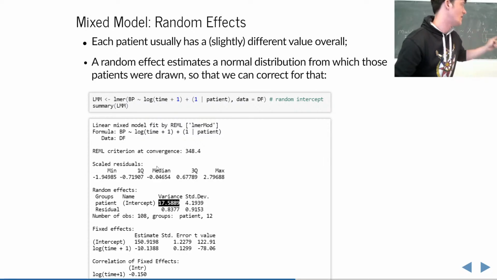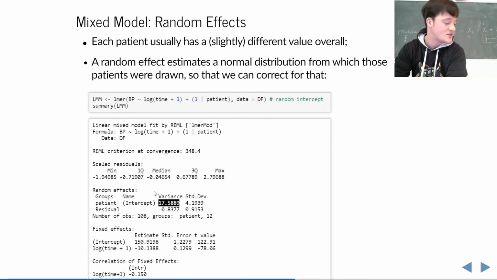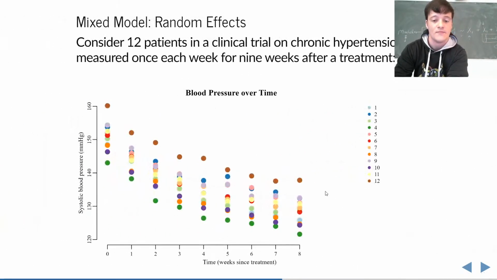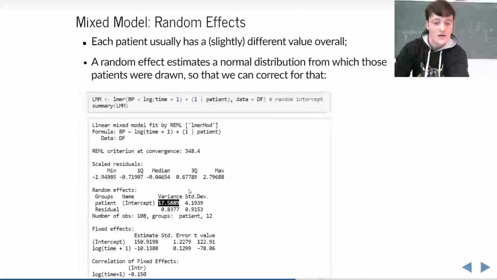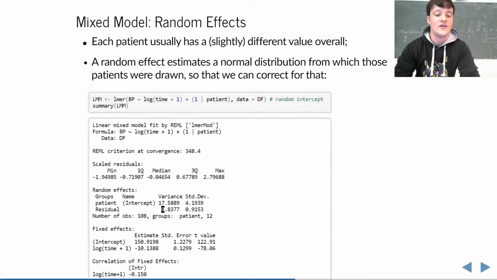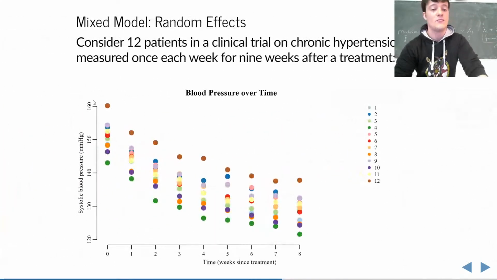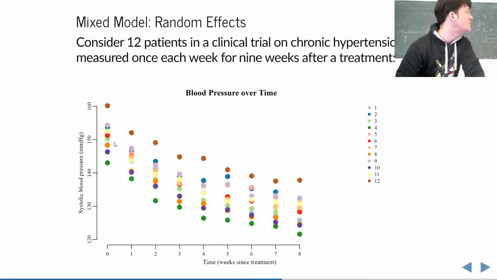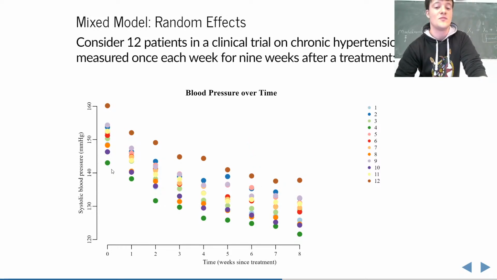Now, you can very easily see what is going on in this model if we look at this again. Over here, we have the residual variance. It's very small, it's 0.8. And we have the patient variance, which is 17. It's much larger. How can you interpret that? That means that if we estimate a logarithmic relationship for the effect of time, then there is a small deviation that patients have to their individual logarithmic line, but the difference between patients is much larger.